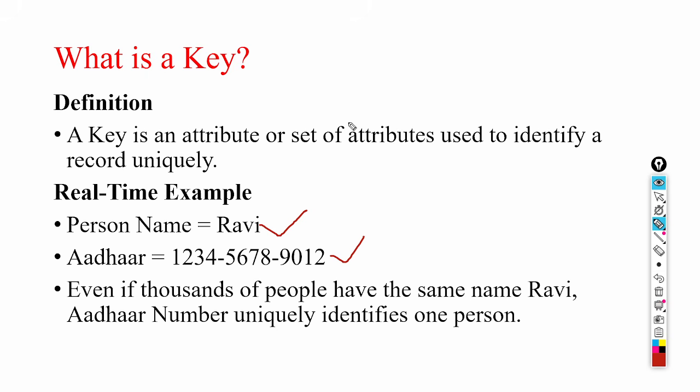So even if thousands or lakhs of people have the same name Ravi, the Aadhaar number uniquely identifies one person. It is nothing but the key.